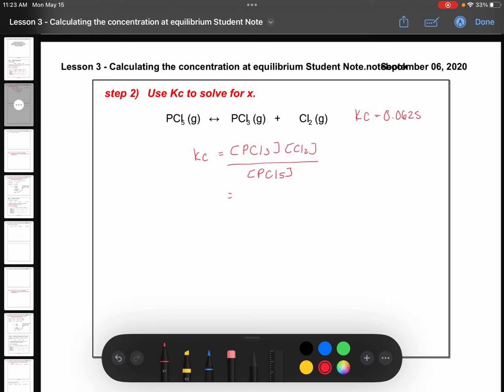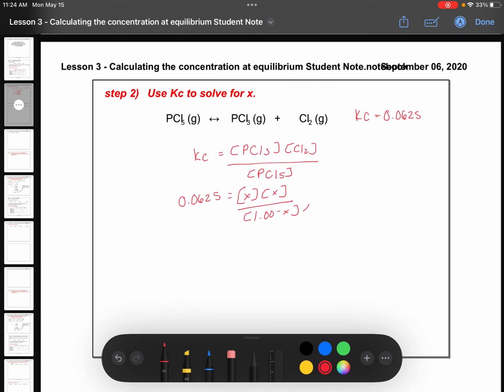So from there, we can fill in our values, which was from our ice table, which was our change in concentration. We can fill in our X values. So we have X times X divided by 1.00 minus X. And then we can fill in our Kc value on the other side, so 0.0625.